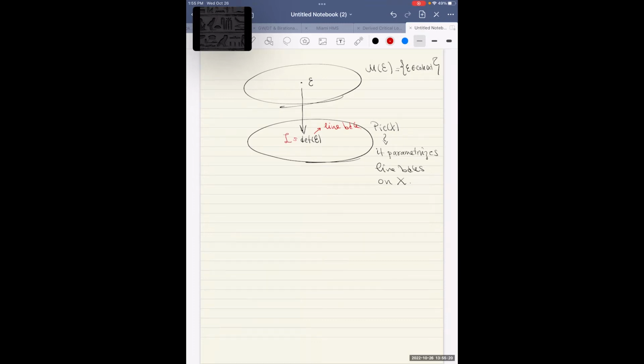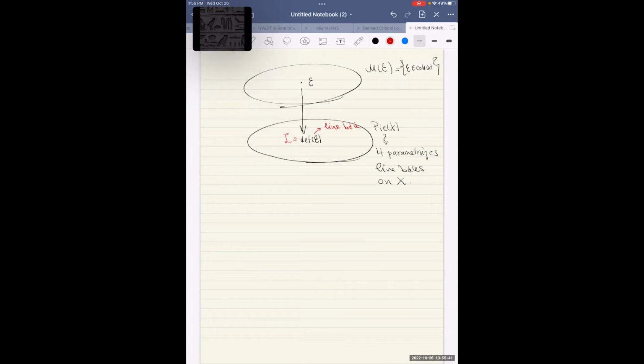Now, as you can see, we are looking at a particular sublocus of this moduli space. We are looking at not all sheaves, but the sheaves whose determinant line bundle is fixed. So here it is.